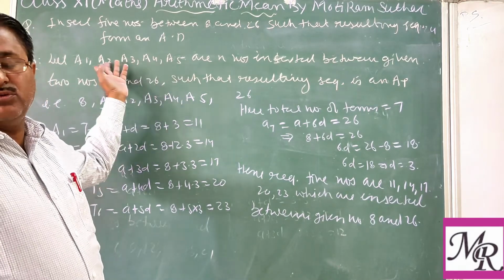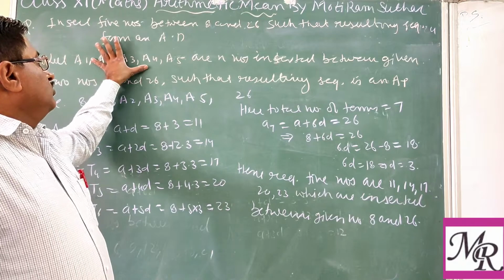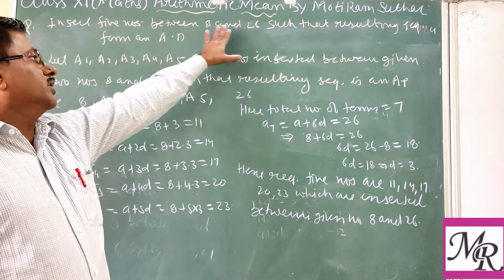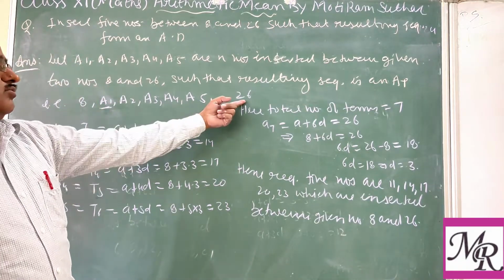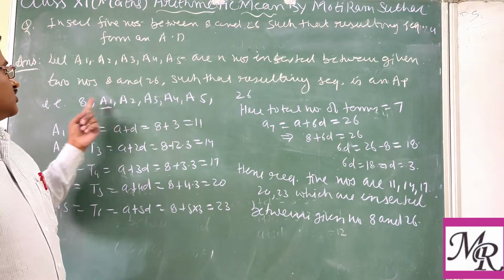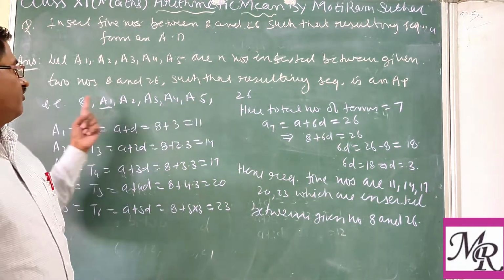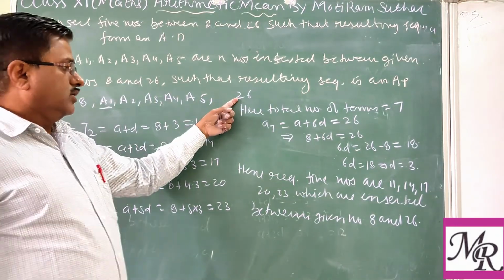If 6, then you suppose 6, if 8, then 8, if 3, then suppose 3. After that you insert these numbers between the given two. So the total number of terms will be increased by 2, whatever number you are inserting, plus 2.